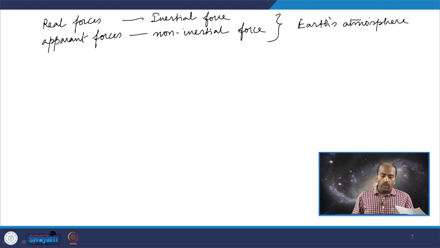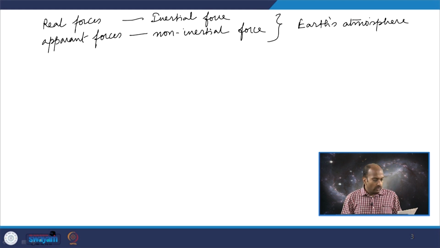Now, what is a real force? A real force is the one whose effect you can directly feel, but an apparent force is the one where you see an effect and you do not generally see a force that is causing the effect. In order to understand this effect, you say that there is a force acting, and this is called an apparent force.